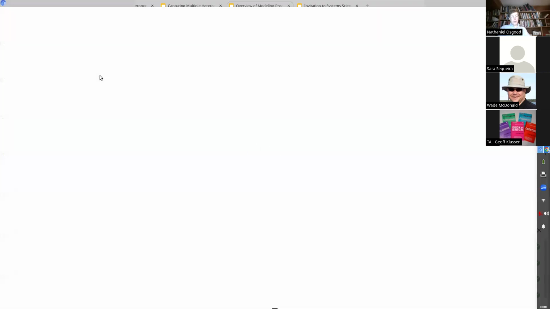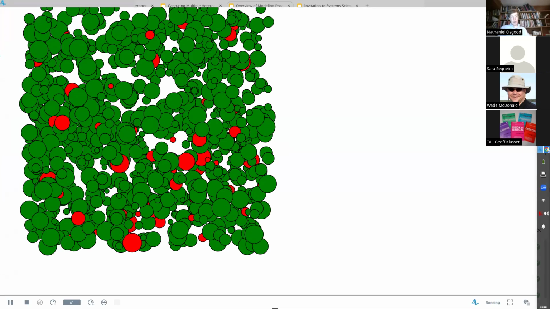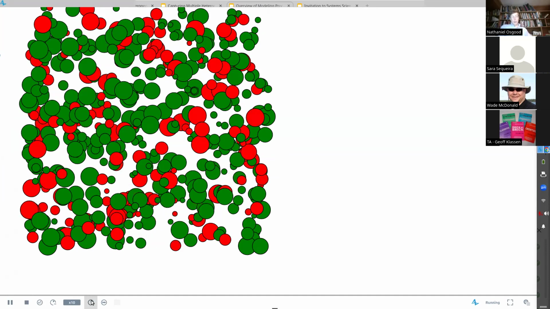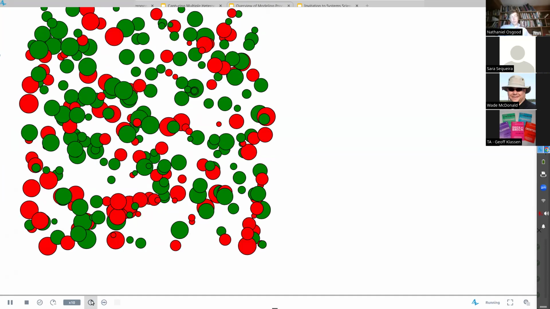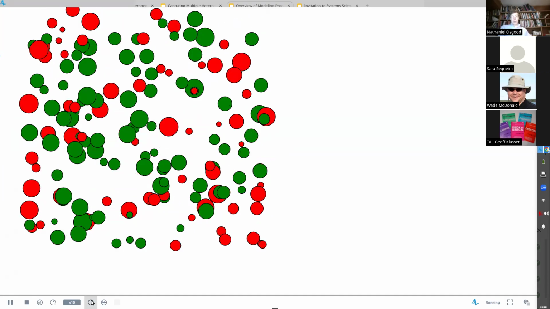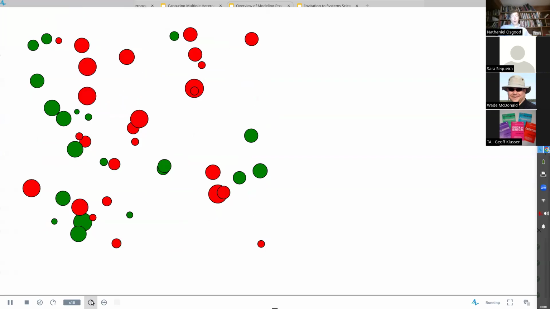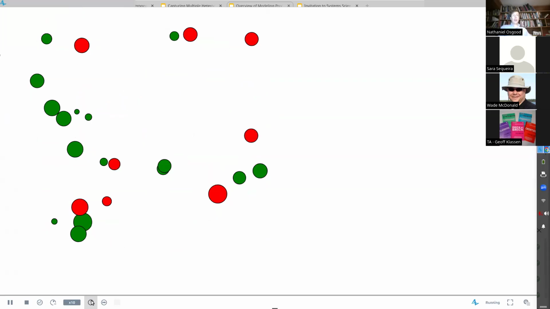Okay. So if we run this model, now we see a population where, well, can anyone describe what's happening? Why is there a greater fraction of red circles over time?